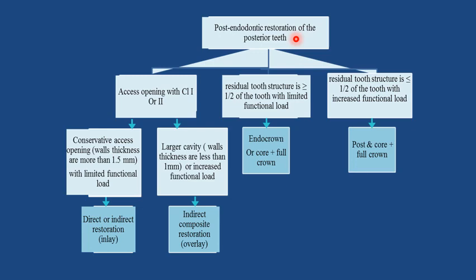So, if we have an access opening with a class 1 or class 2, a conservative access opening where the thickness of the wall is about 1.5 millimeters or more with limited functional load, the restoration of choice is a direct or indirect restoration. By indirect restoration, we mean the inlay.